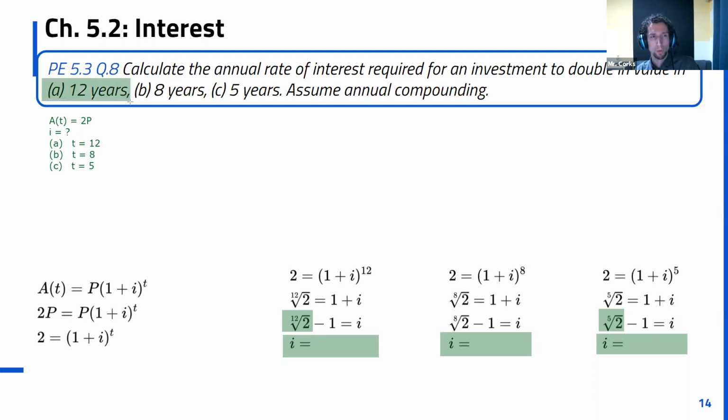If we have 2 kinds of investments, and in one of them, it takes 12 years for our money to double, and in the other one, it takes only 5 years for our money to double, which one's giving us more interest? It's the one where it takes only 5 years to double. So that would be the nicer option if we get it.